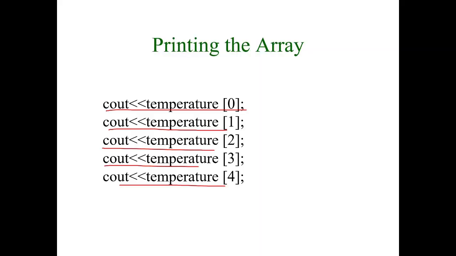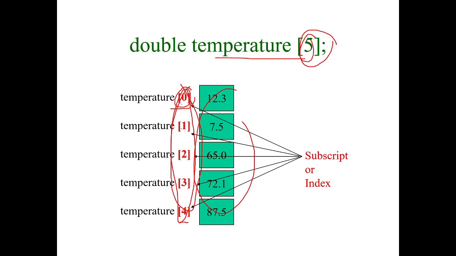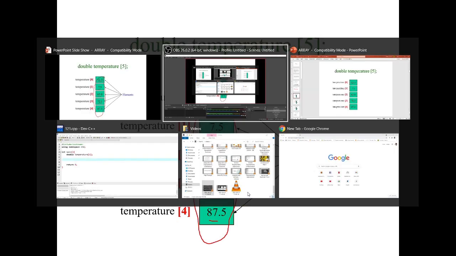So, going back to double temperature 5, meaning we have to put 5 numbers in the array size. The array size is 5, so from index 0 to 4, we put elements in it. The elements are the inputs.